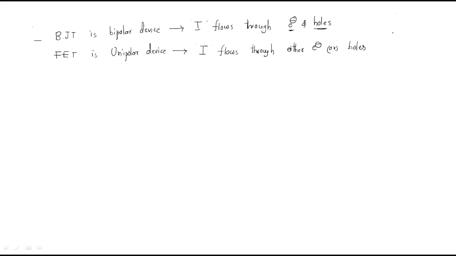If it consists of P-type, current flows only through holes. If it consists of N-type semiconductor, it flows only through electrons. So that's why FET is a unipolar device, with current flowing through either electrons or holes. This is an important thing.